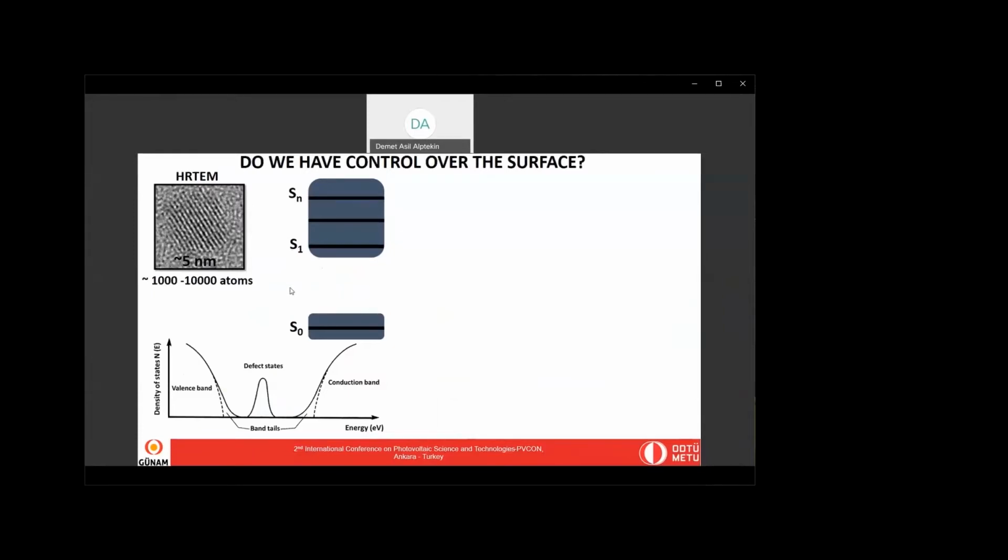And if there are some defect sites on the surface, this leads to some defect states in the mid-gap, and we call those mid-gap states, and this creates some trap state formation, and the electrons can be trapped by these mid-gap states. So our aim is to remove those mid-gap states and improve the photovoltaic performance.